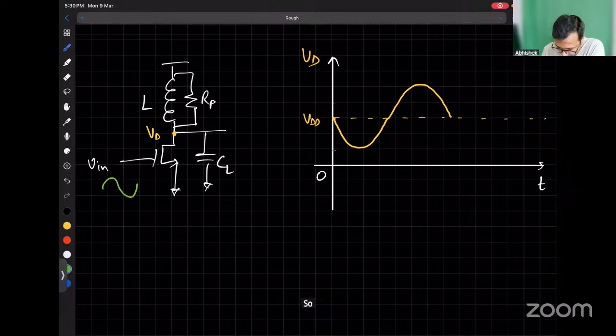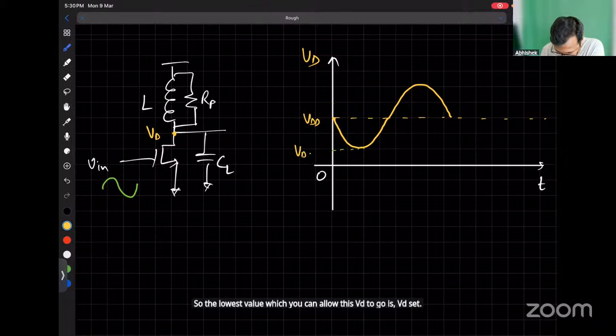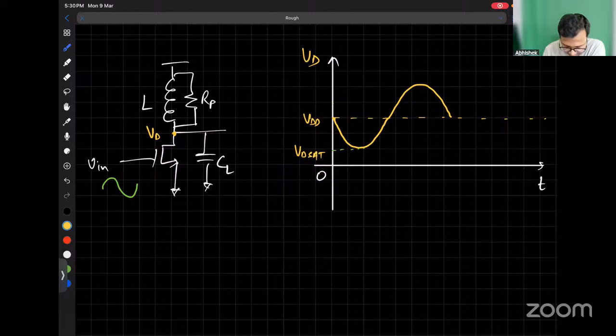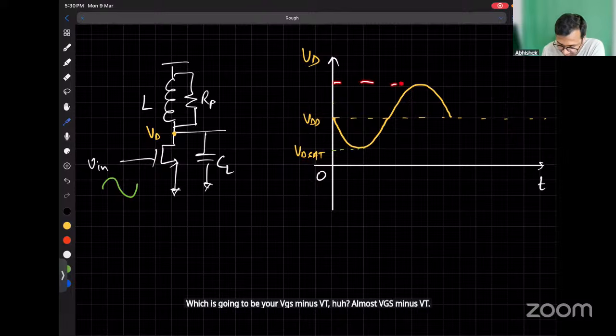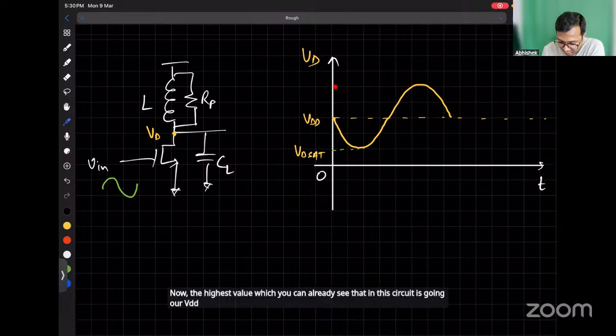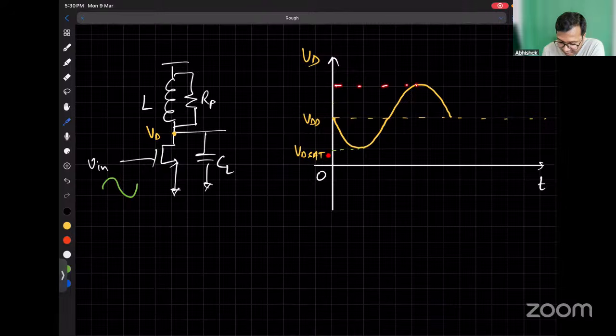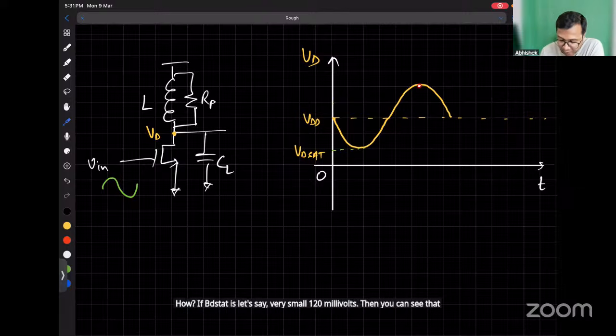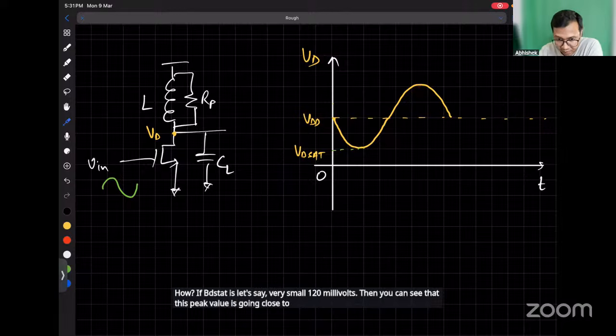So the lowest value which you can allow this VD to go is VD sat, which is going to be almost VGS minus VT. Now the highest value, which you can already see in this circuit, is going above VDD. If VD sat is very small, 100 or 200 millivolts, then you can see that this peak value is going close to twice of the VDD.